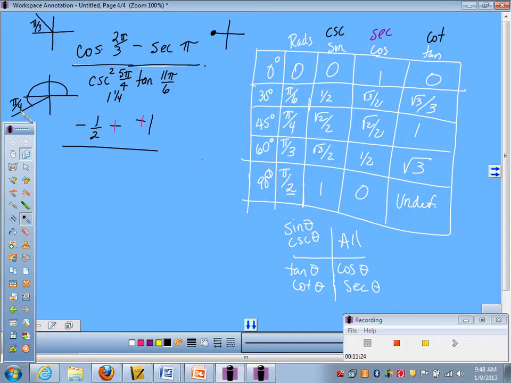So if I go to the chart, pi over 4, cosecant's the reciprocal of sine, so I need to turn square root of 2 over 2 upside down. And we actually learned today in class when we were playing with some of these earlier that when you flip that over and rationalize it, you'll actually just end up with square root of 2.